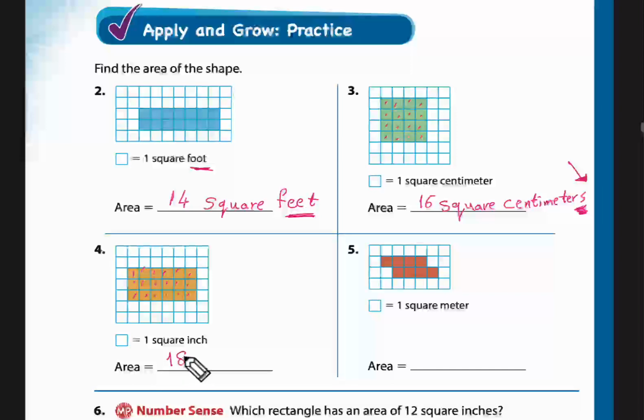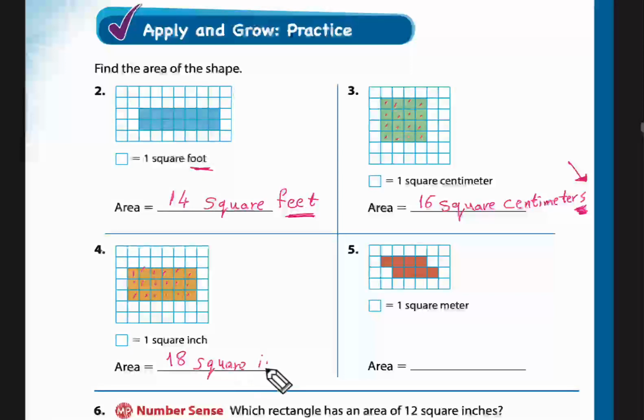So these are 18 square inches. Excellent, Ahmad. Great work. Okay, but do you know, Ahmad, when we want to write inches, I have a problem here.